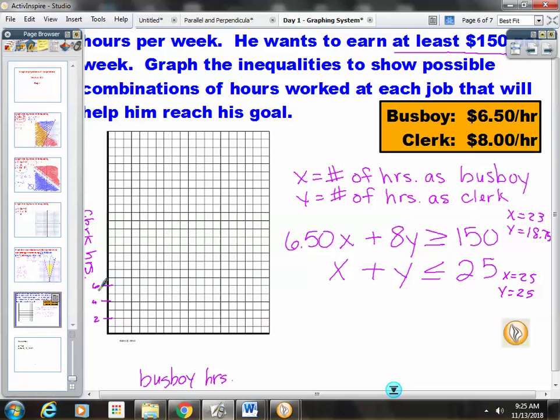So I guess I'm going to go by ones on my y-axis. I'm just labeling every other box. I can go to 25 on my y-axis, no problem.